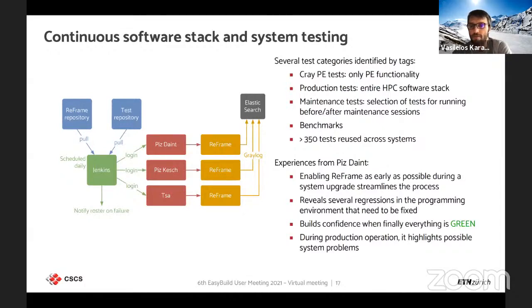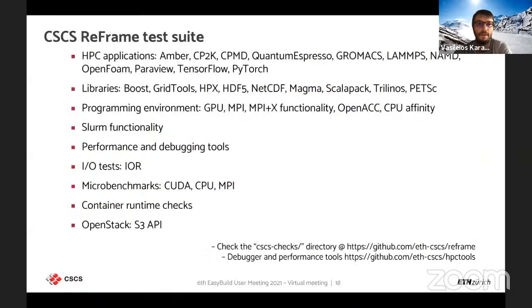It really revealed a lot of regressions in the last year, when we had a bit of bumpy upgrades with Cray, that we then had to go back to the vendor for fixing. So here is a bit of the ReFrame test suite.